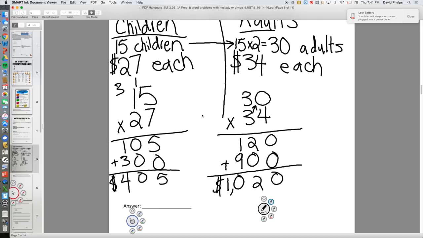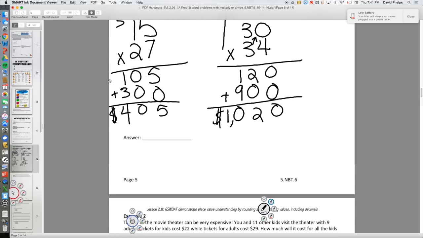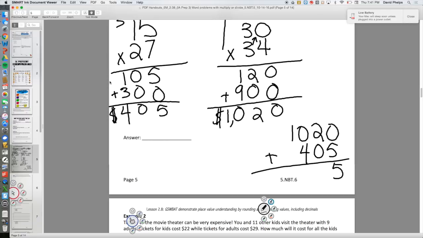We have the children, we have the adults, but we want the total cost, so we need to add these puppies together. I'll do that off to the side. Notice how I'm going to line up each place value. The 4s in the hundreds, 0 in the tens, 5 in the ones. Addition sign, here we go. 5, 2, 4, 1, comma, money sign.